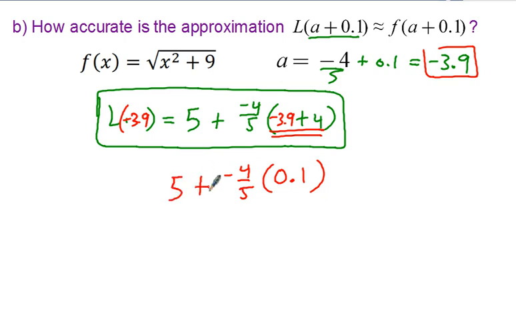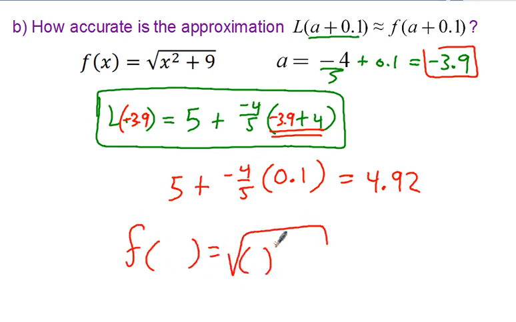And we could work it out by hand, a little tedious. Or we can just grab a calculator, which I'm doing now. And let me see what that comes out to. 5 minus 4/5 times 0.1 is like 4.92. Whereas the actual value, now I'm using the original function formula, not its linearization.